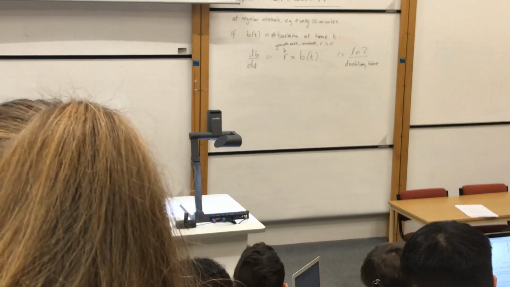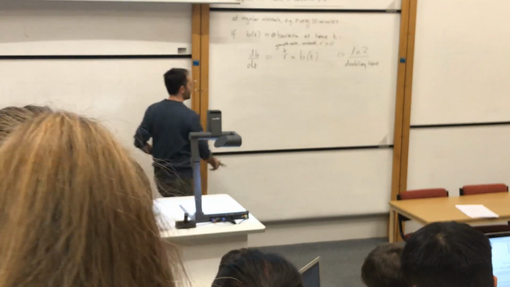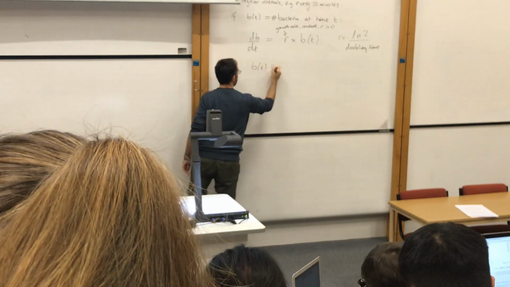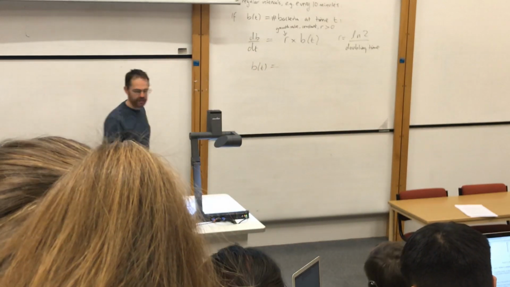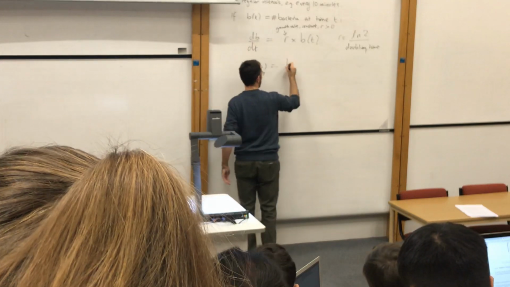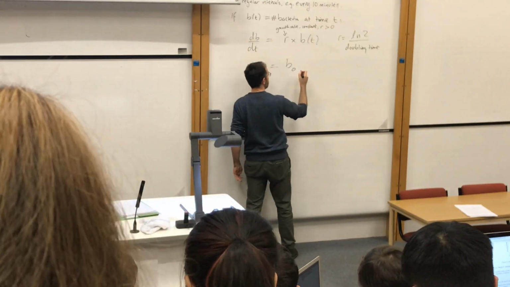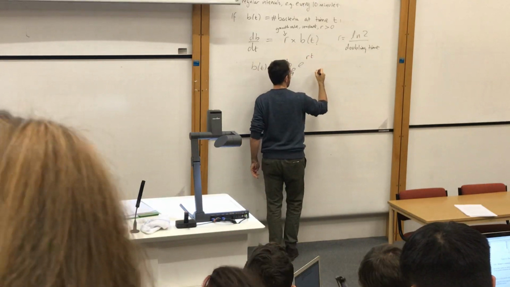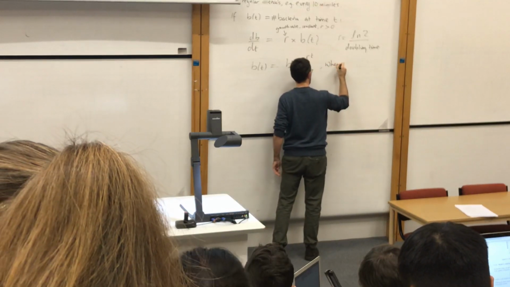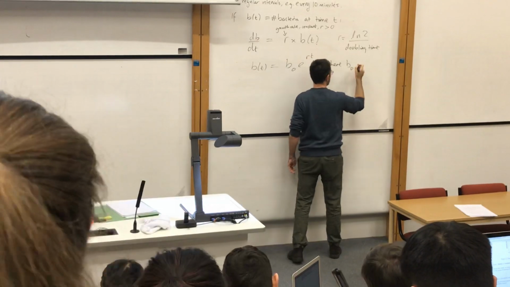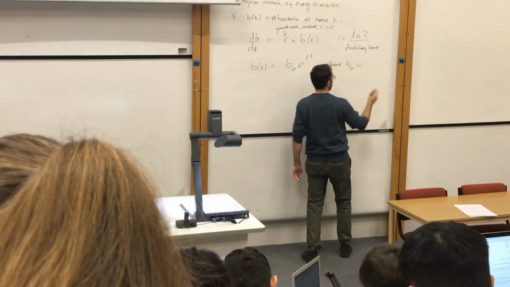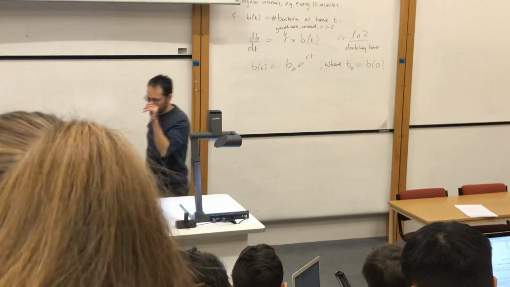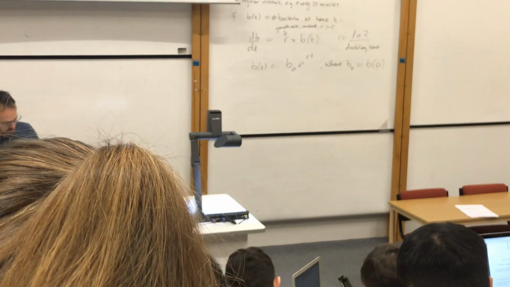That's a very straightforward differential equation, one that can be solved explicitly. I don't need to tell you the solution is simply the exponential growth law. So B of t is going to be B naught e to the rt, where B naught is equal to the initial bacteria density.